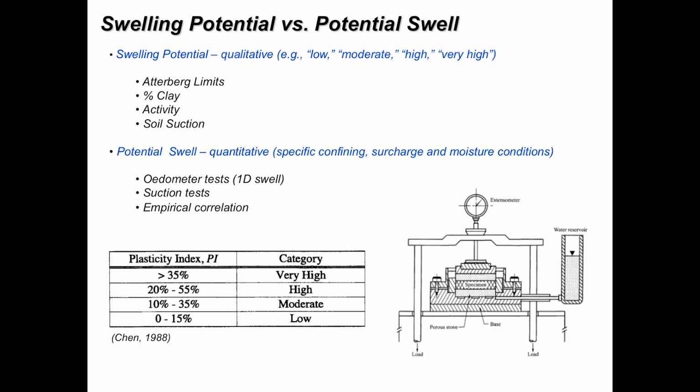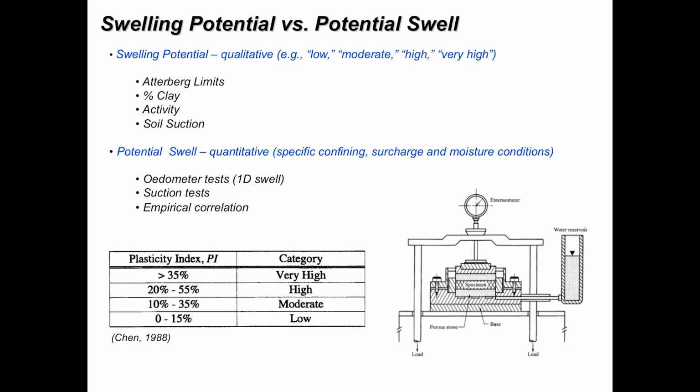Another important thing to communicate is a very subtle difference between what we might refer to as swelling potential and potential swell. And so here, swelling potential is really the classification component of mitigating something like an expansive clay. And so swelling potential is a qualitative descriptor, something like low, moderate, high, or very high. That's really a classification.